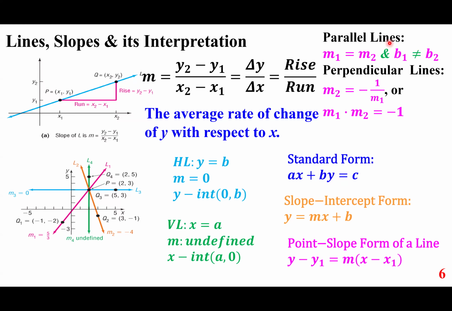Two lines are considered parallel if they have equal slopes and different y-intercepts. Two lines are considered perpendicular if the relationship between their slopes is such that one is the negative reciprocal of the other, or their product is negative one. That means the same thing, everybody.